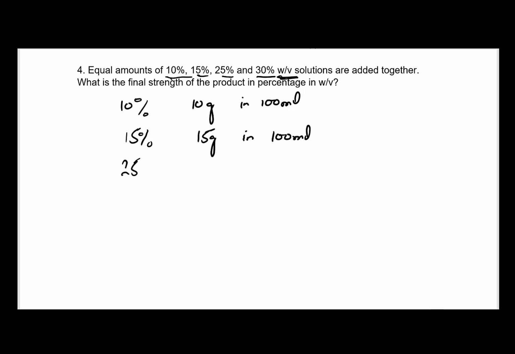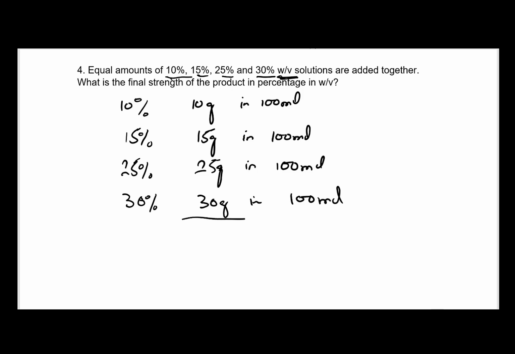We added 25%, which was 25 grams in 100 mils. We added 30%, which was 30 grams in 100 mils. So if you add them all, we have 80 grams in 400 mils.